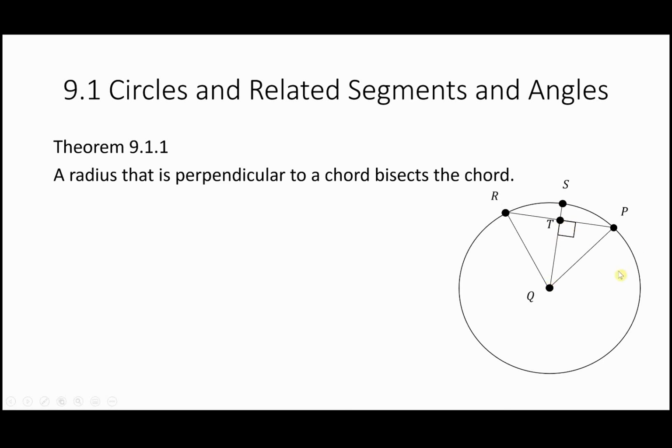So that means that RP has been bisected at point T. So RT is therefore equal in measure to TP and therefore congruent. So here we go. We have QS is perpendicular to RP. That's like the preamble. So therefore, RT is congruent to TP. And here are some tick marks, some familiar notation to indicate that those two line segments are indeed congruent. Okay, great.